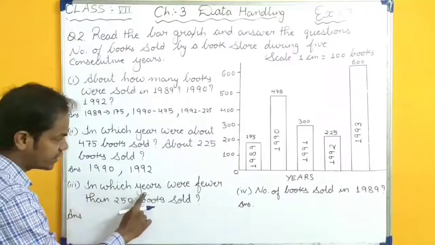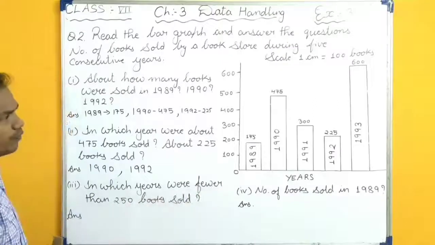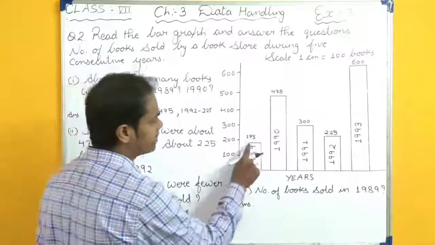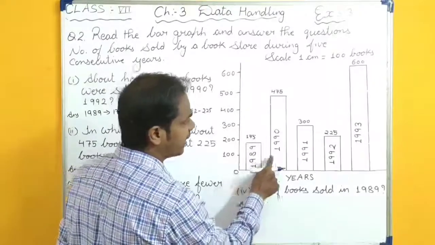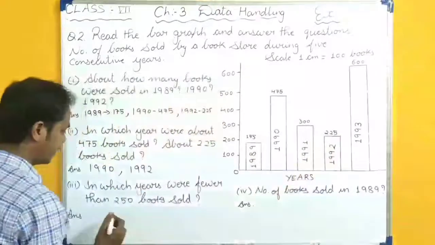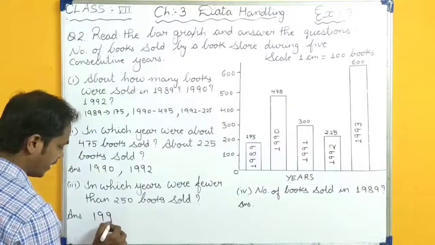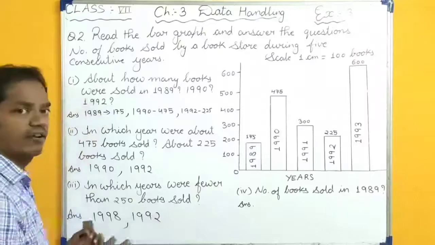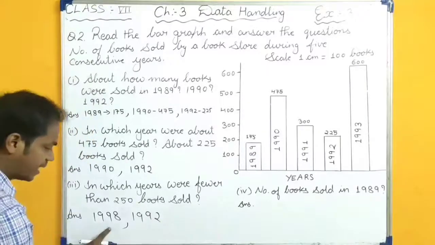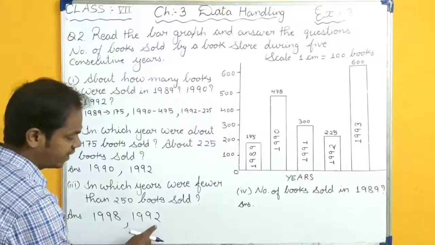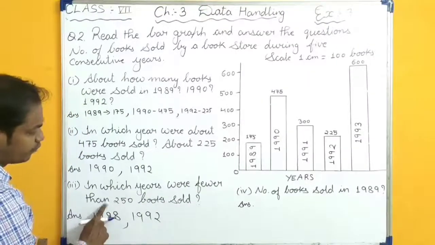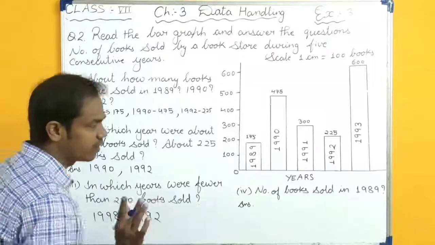In which years were fewer than 250 books sold? Fewer than 250 means less than 250. In less than 250 you can count 1989 and 1992. But you will write your answer in a full statement: in 1989 and in 1992, fewer than 250 books were sold.